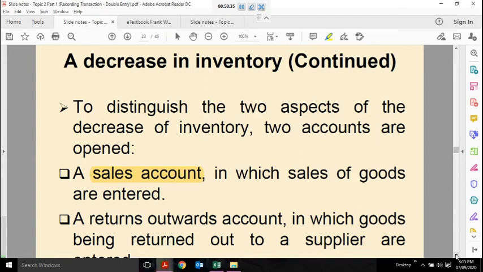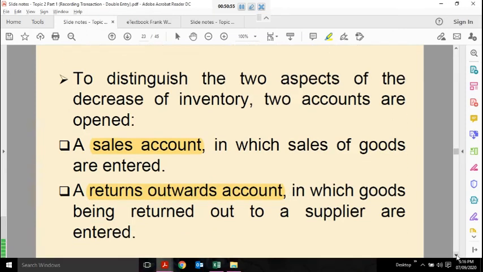Meanwhile, if your inventory decreases because of a defect in the product, meaning you return it to your supplier, we open an account called the return outwards account. So this is the two accounts that you should open when there's a decrease in your inventory.